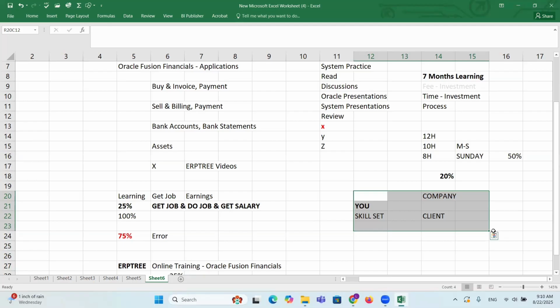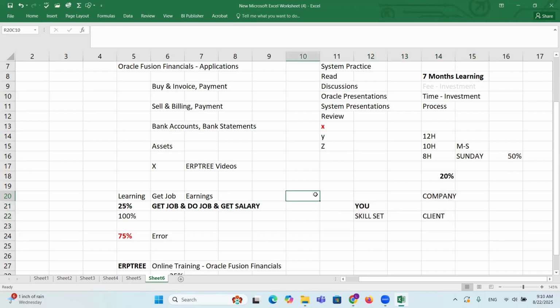What a worst thought that is. Very, very worst thought. You help, they will help. You help with your skill set, they will help in the form of salary as an appreciation. They appreciate you with the salary. That is a smart deal. Very, very important.